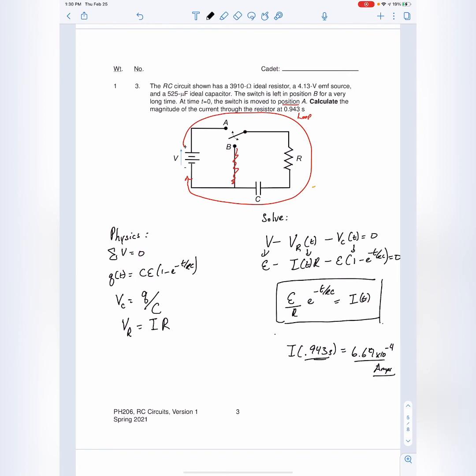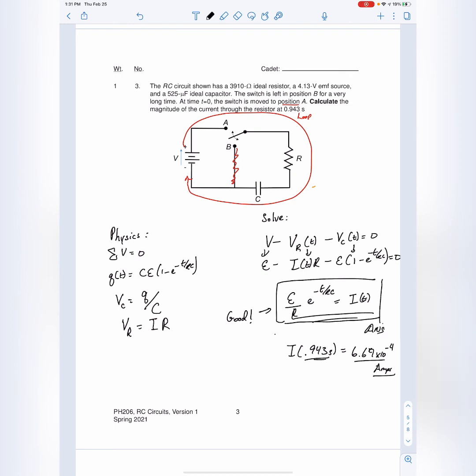If you didn't get exactly this answer, and maybe I'm the one that incorrectly did the calculations, at the very least, if you have this equation, you are good to go. Okay? Good.